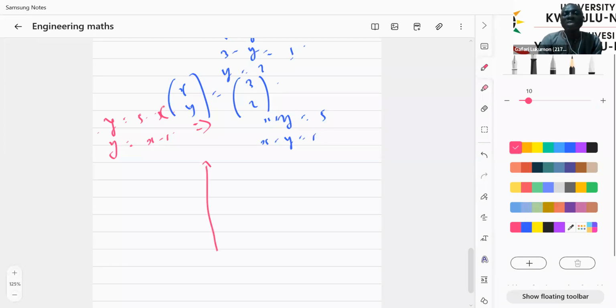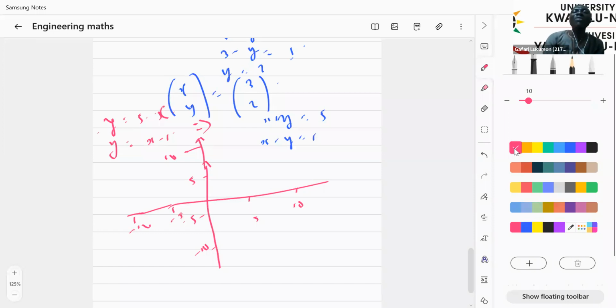Okay, let me just take some points of y. So let's say I have 5 here and 10 here, minus 5 here and minus 10 here. That is my s axis.